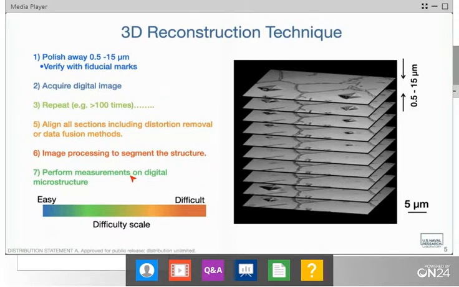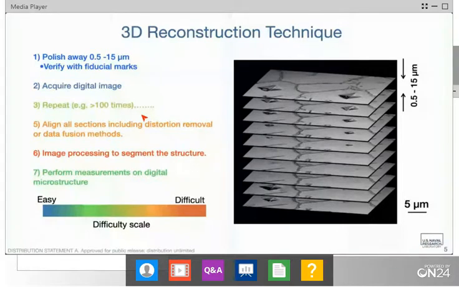We do this with standard polishing methods. Acquire a digital image. This is not really a difficult thing to do. Repeat that at least 100 times, if not more. That's getting a little bit more difficult. You realize, yes, I can certainly collect one good EBSD map. Now can I do the same thing hundreds of times over and over and over again without messing up?